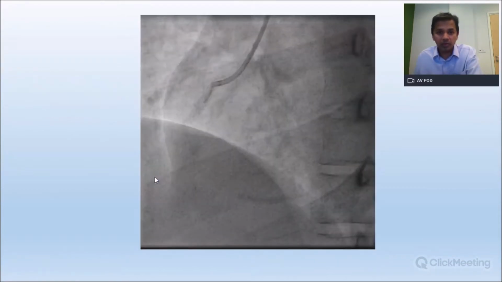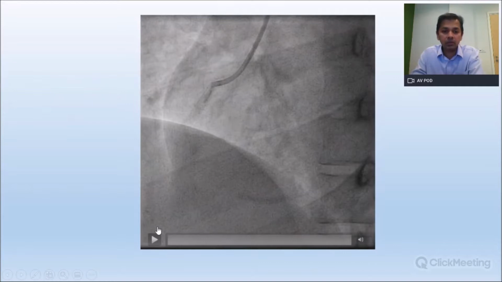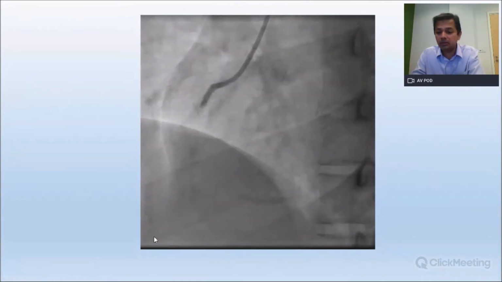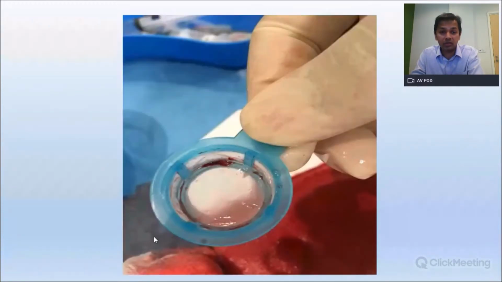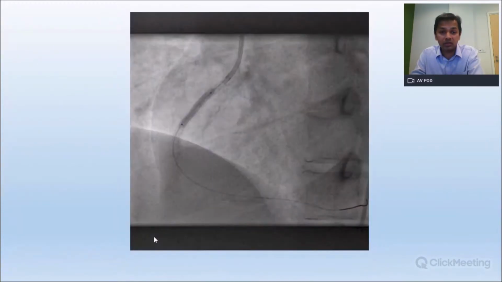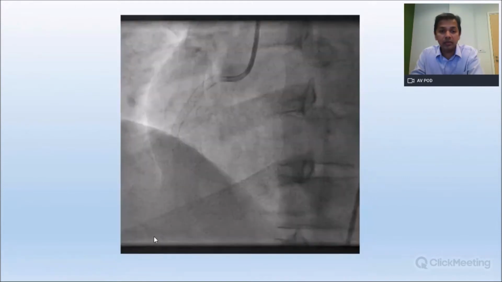So we pushed him immediately to the cath lab. I did an angiogram. His right coronary artery was occluded, so we sucked out the blood clot. This is how the blood clot looks, followed by ballooning and introducing a stent.